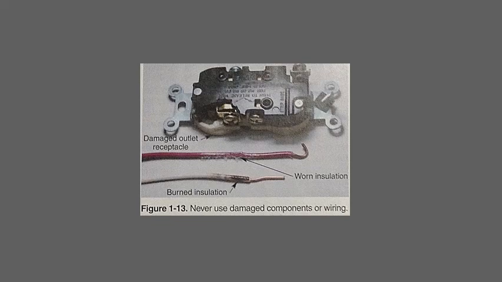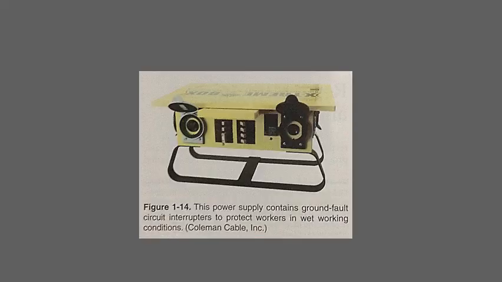If you must work in wet conditions, make sure that you have the proper equipment and training to complete the job safely, and turn the power off. The proper equipment includes a ground fault circuit interrupter for power tools, insulated tools, and PPE that is designed for these situations. See Figure 1-14.